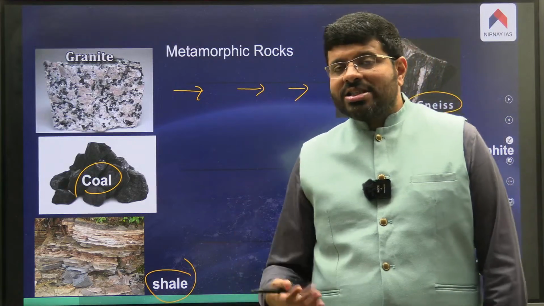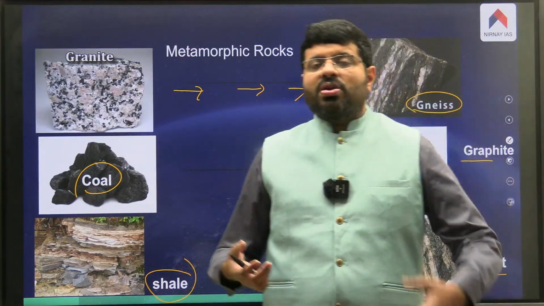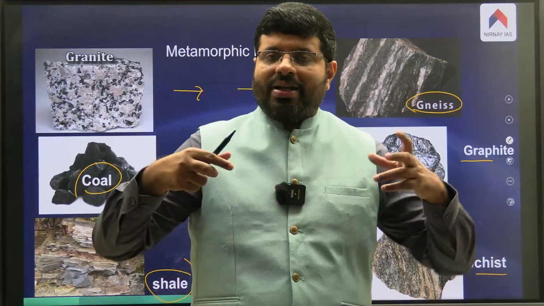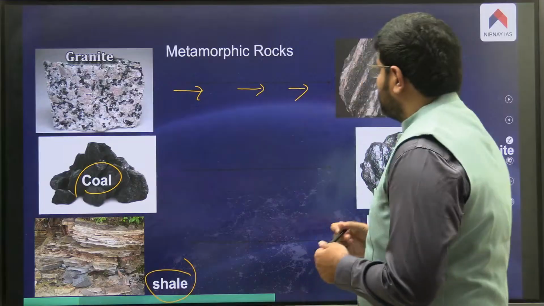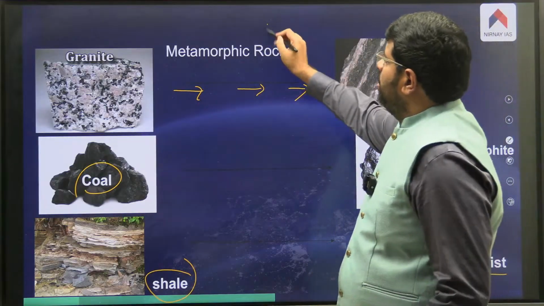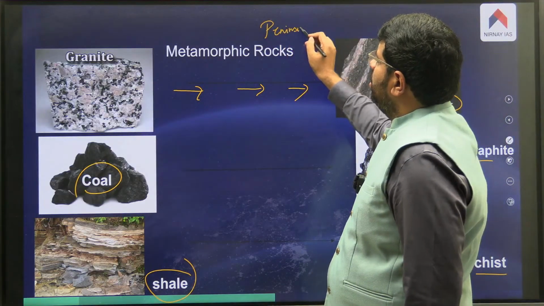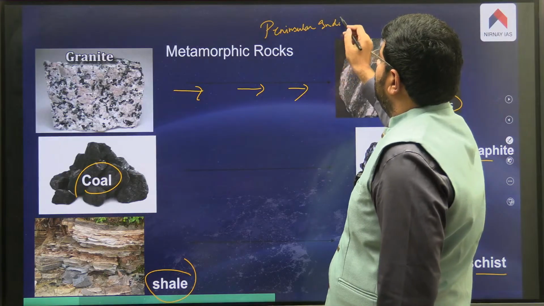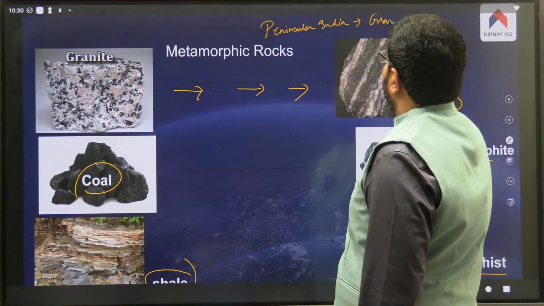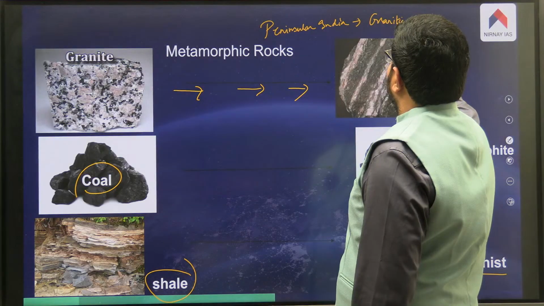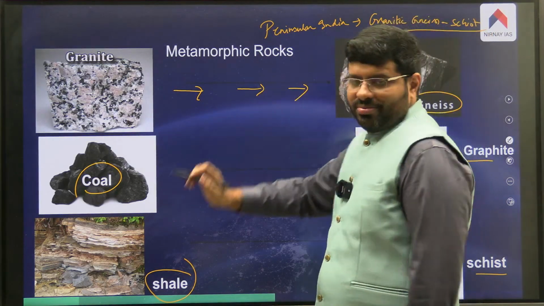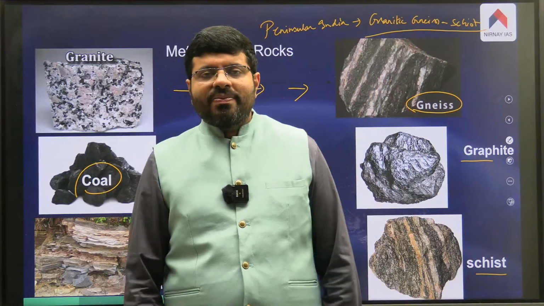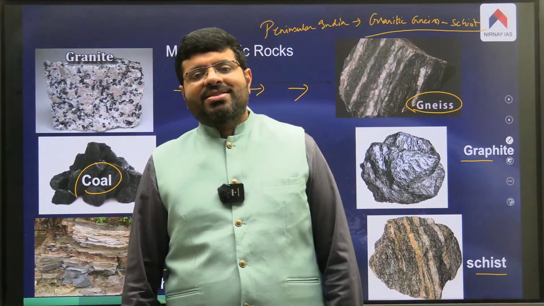If you see peninsular India, which got separated out of Gondwana land as part of the continental drift, that's why we say peninsular India is a combination of granitic gneiss and schist.